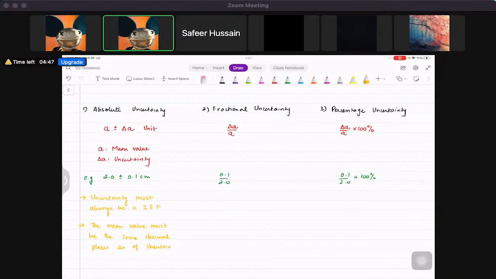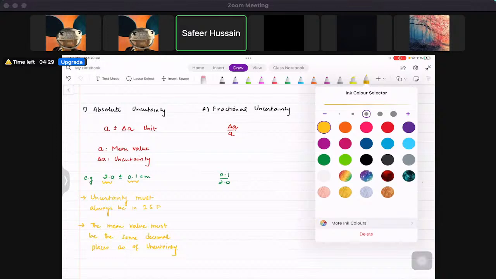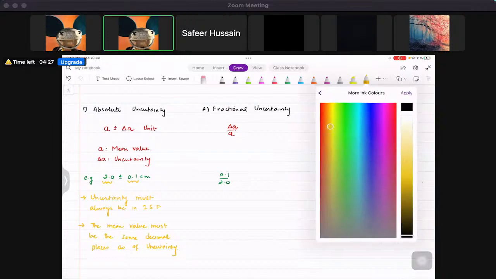Now, if you check the example up there, it's basically one significant figure, and because it had one decimal place, we also have one decimal place in the mean value. Everybody understands this? Yes, sir.